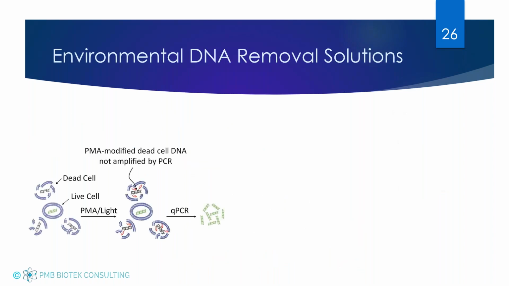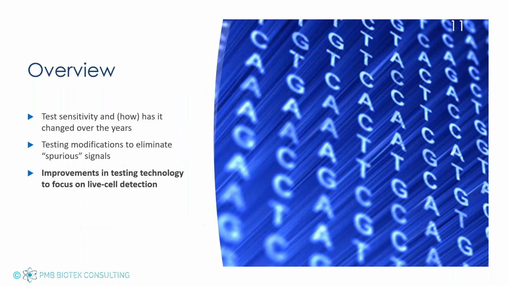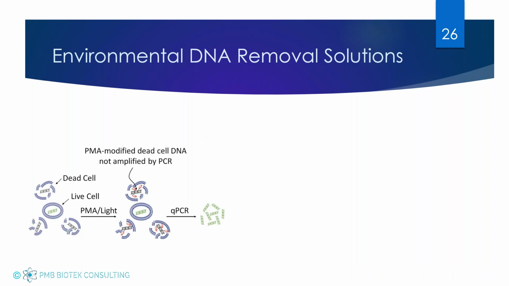So the last thing that people are using are these DNA removal solutions. Sorry, I eliminated one graphic there. There's actually two different types. So you can use a light-based, this PMA process, where you will actually add a chemical to your sample.